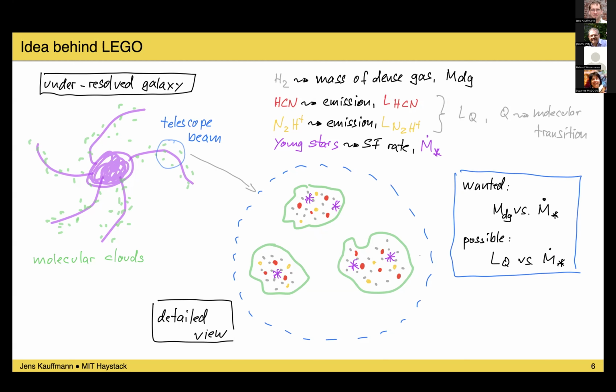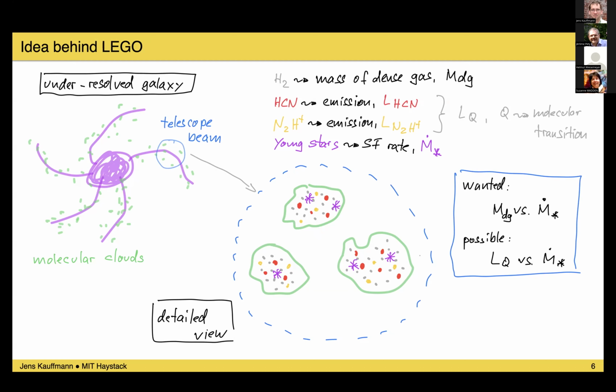And you have already heard earlier today about the HCN to star formation rate relation, and that's one of those relationships that's being used. But it's not really what we want. We want the first one, the relationship between mass of dense gas and the star formation rate.